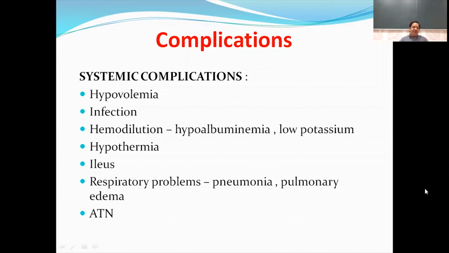Hemodilution, hypoalbuminemia occurs. Low potassium, hypothermia can occur. Paralytic ileus can occur. That is one reason why previously they thought enteral nutrition is not advisable. But now the recent concept is you allow oral feeds.